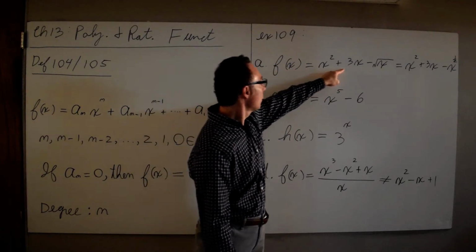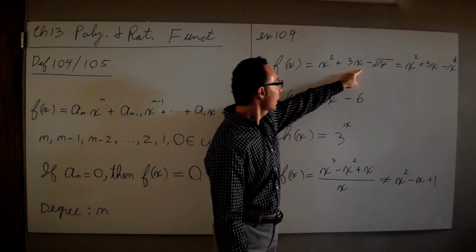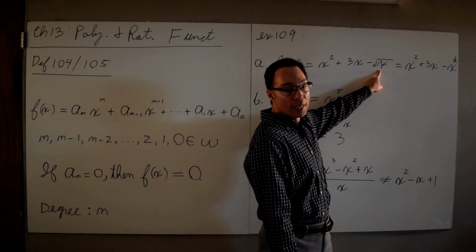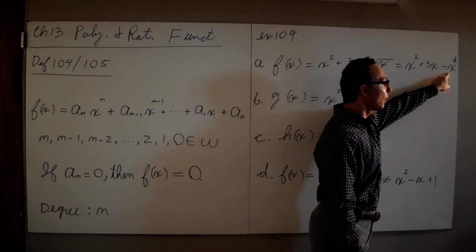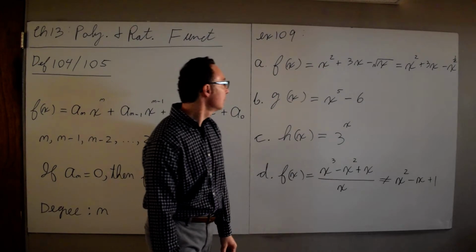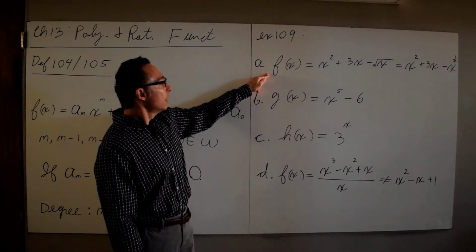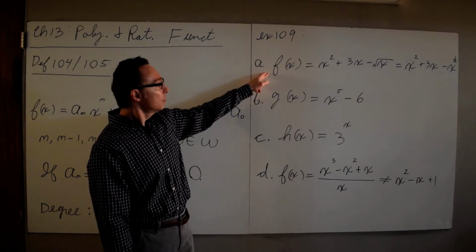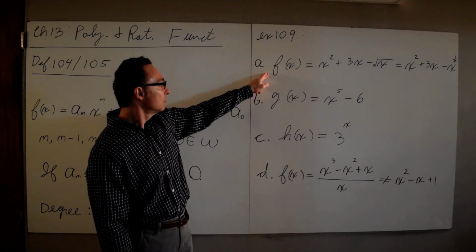Now, the x squared plus 3x part, if we stop there, would be a polynomial. But we have this radical, and we can rewrite it as x to the 1/2. 1/2 is not a natural number. So f is not a polynomial. It is an algebraic function, but it is not a polynomial, and it's not a rational function.